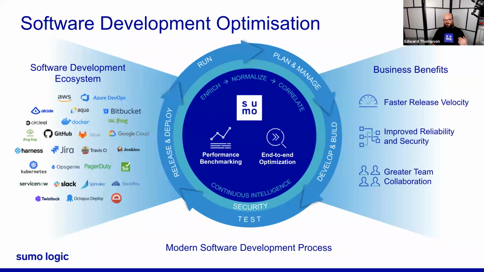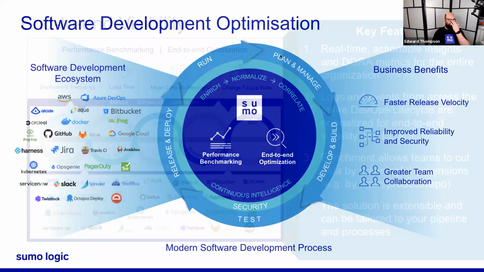And the question is always, why do we want to do that? What are the benefits? What we find is that teams are looking at faster release velocities, improved reliability and security, and also enabling greater collaboration across their various development teams.